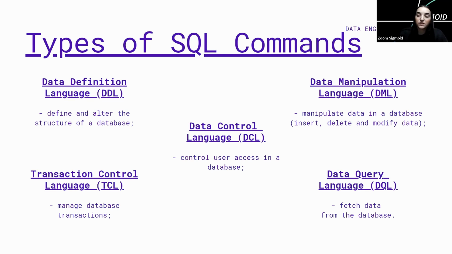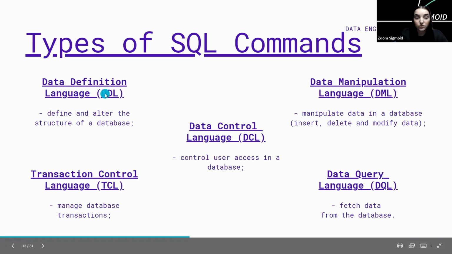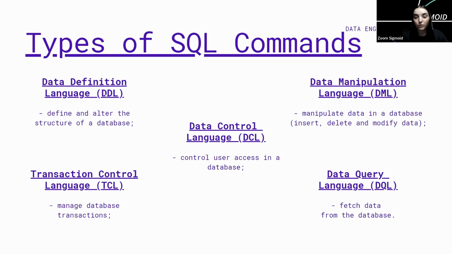SQL commands are instructions used to communicate with the database, perform specific tasks, functions, and queries of data. There are 5 types of SQL commands. Data Definition Language is used to create and modify the structure of a database and objects in a database, like creating a table, deleting a table, altering a table, and so on.